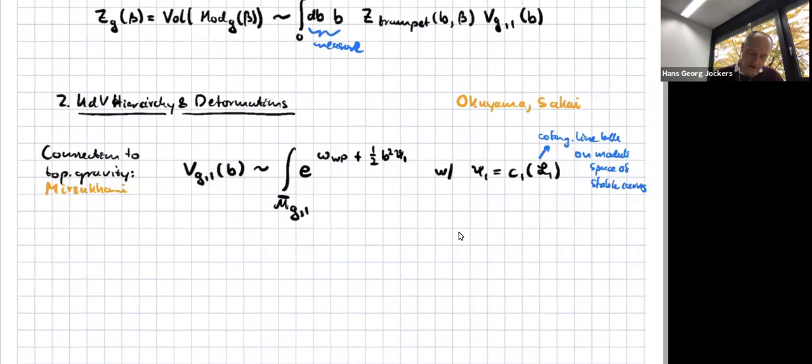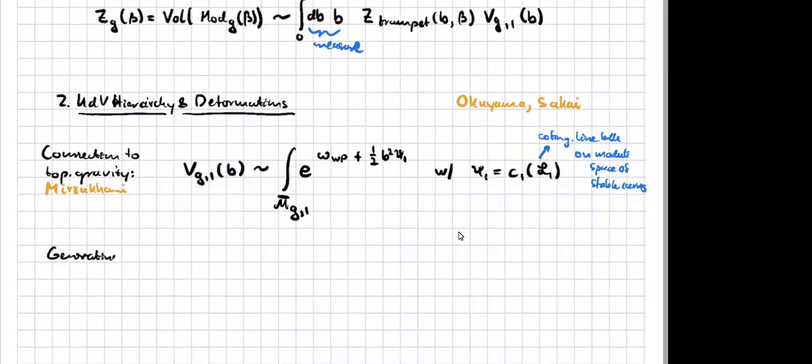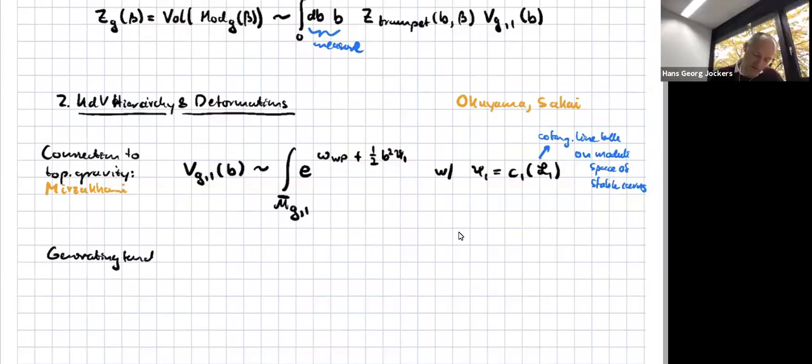Okay. So now there's a generating function of topological gravity correlators. And this goes back to this very old and very important work by Witten and Kontsevich.